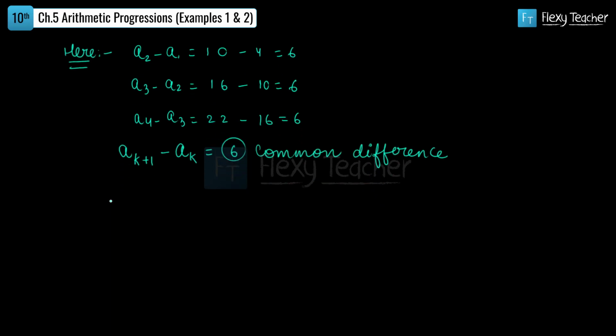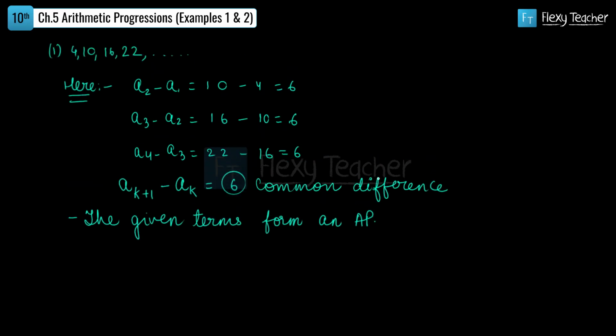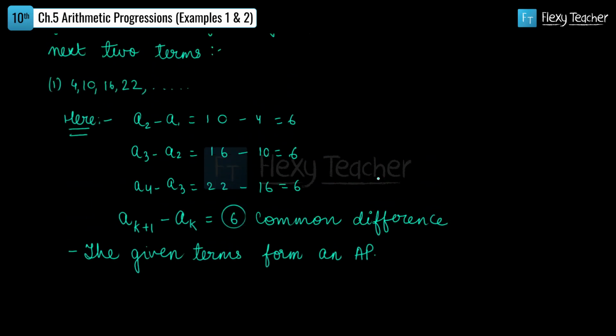So that is the first answer. The given terms form an arithmetic progression. Now we are supposed to find the next two terms. Since the difference in each case is 6, the next term will also differ from the previous one by 6. If A1 and A2 differ by 6, A2 and A3 by 6, A3 and A4 by 6, then A4 and A5 will also differ by 6.